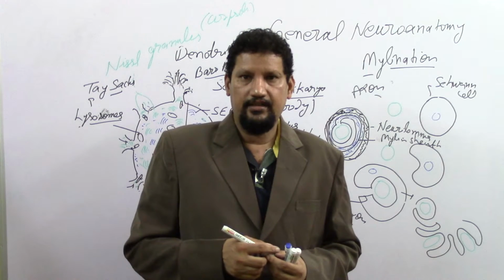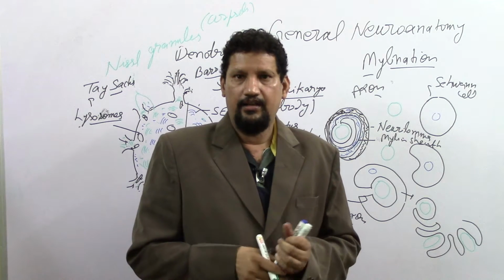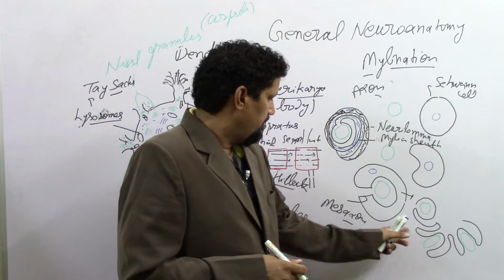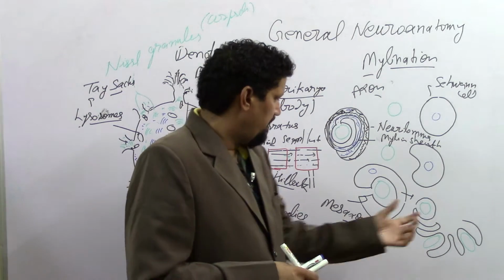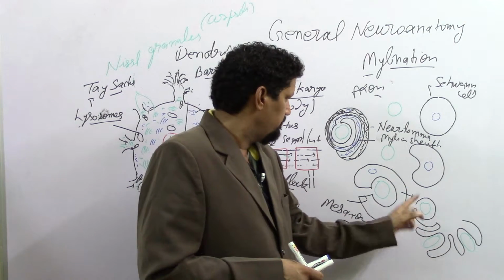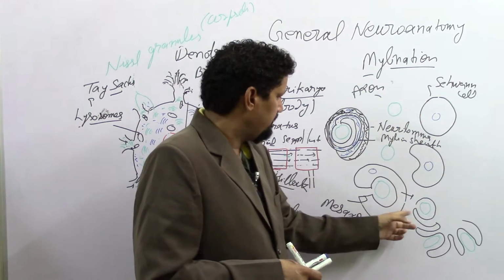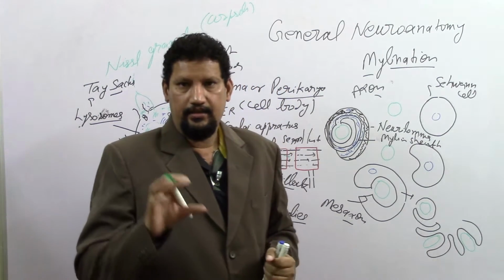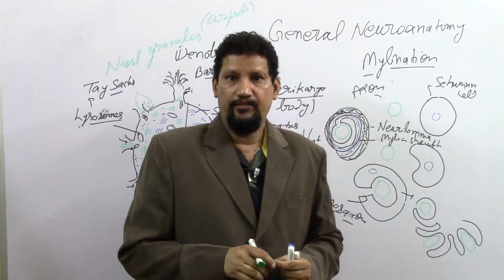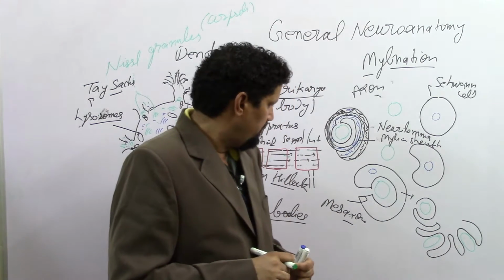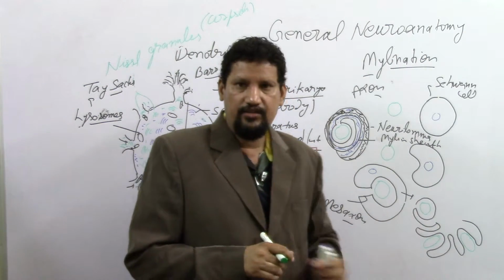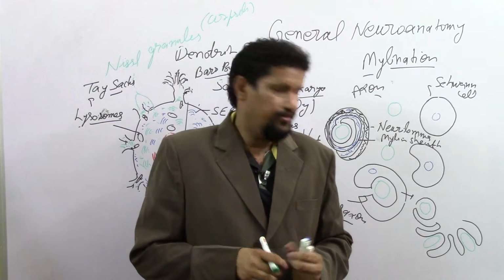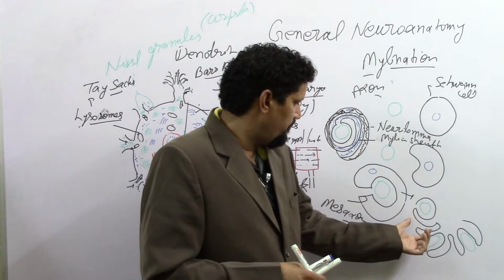The distal part which is degenerated, like in Wallerian degeneration, is regenerated by this sheath of Schwann cell known as neurilemma. So a part of the CNS which is injured is not repaired, but a part of the peripheral nervous system which is injured is repaired due to the presence of neurilemma formed by Schwann cells.